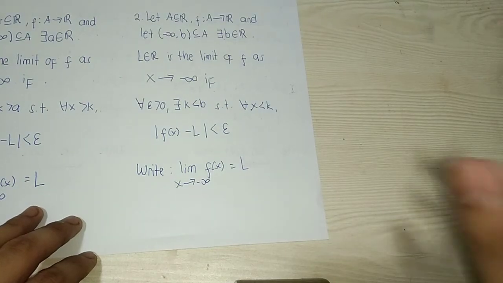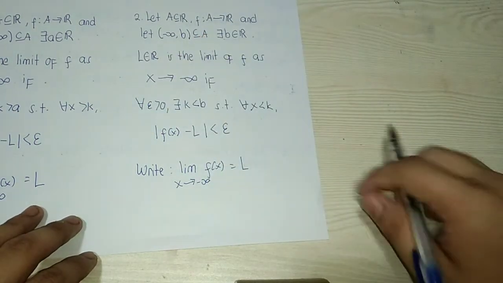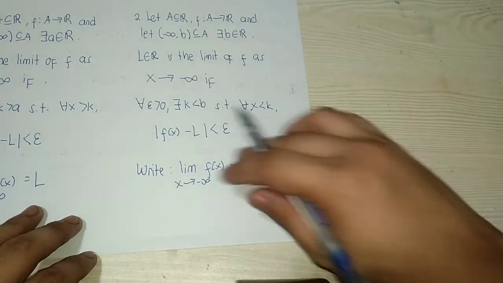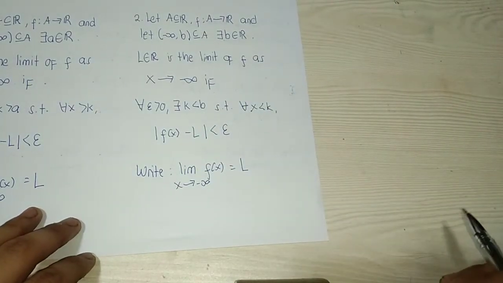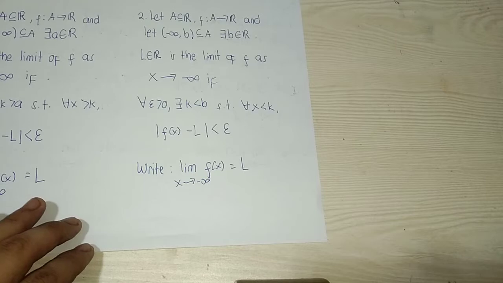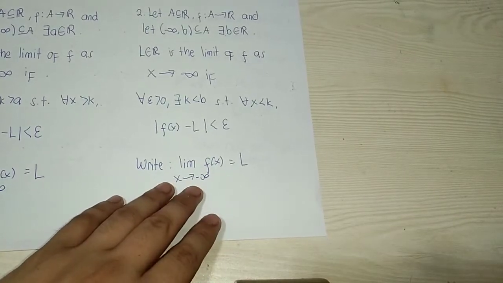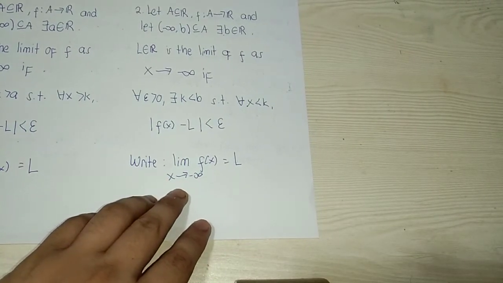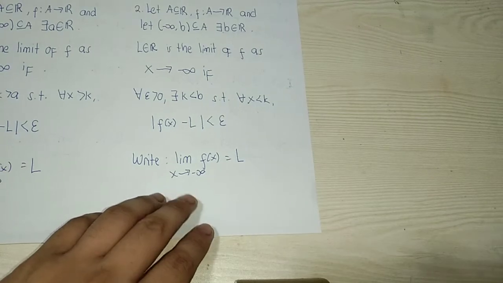Take note again, when the distance is less than epsilon for all x, that means our L is the limit of the function. And we will write it as the limit of f of x as x approaches negative infinity is L.